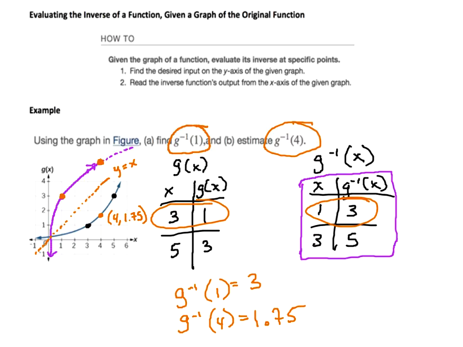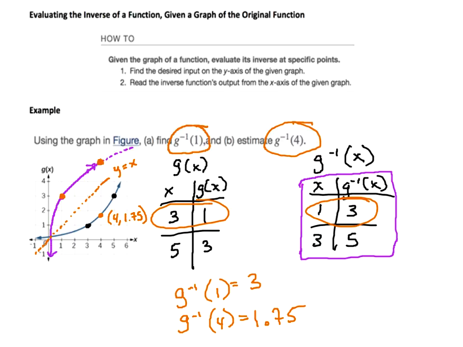So if I plug 4 into the g function, this is not an inverse unless I have this function drawn incorrectly.